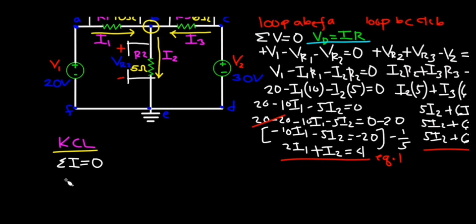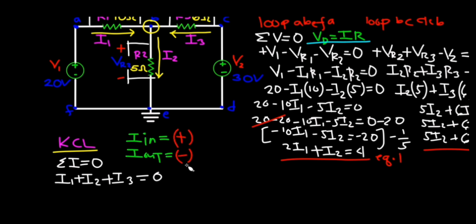If you will write that in an equation, it will be I1 plus I2 plus I3 is equal to 0. Then we now consider the polarity based on the direction of the current. All the current entering the junction will be positive, and all the current leaving the junction will be negative.